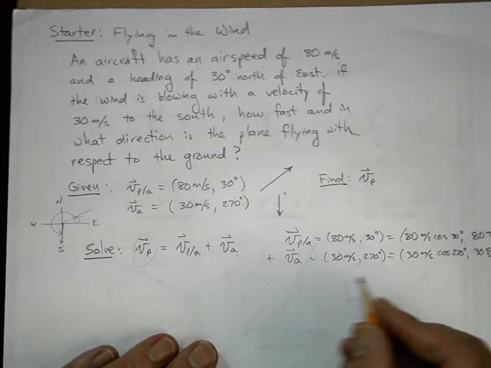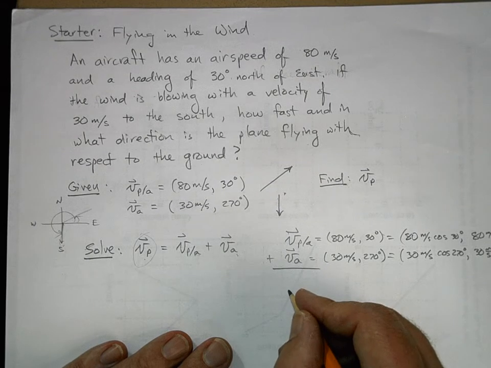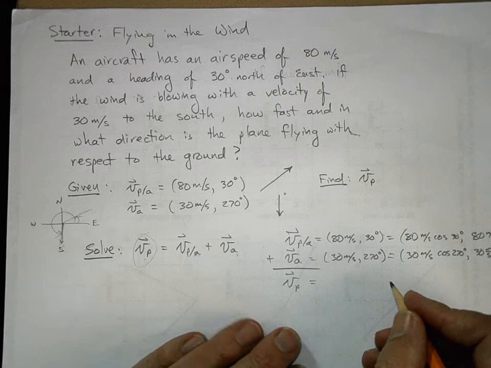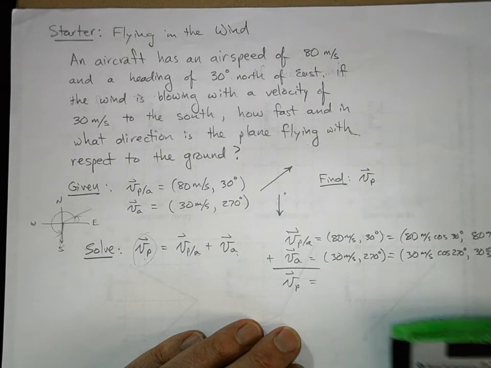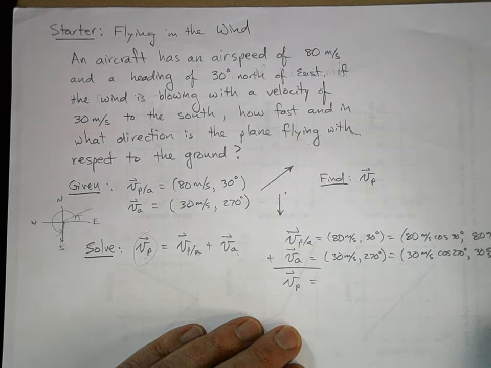So if I add these together, I'm going to get the velocity of the plane. Well, that's going to be 80 meters times the cosine of 30. So make sure your calculator's in degrees.